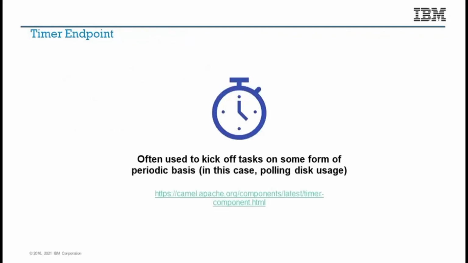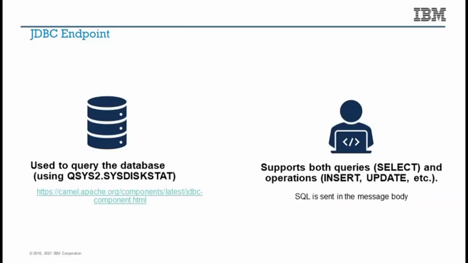So if I'm building a Camel route to do this sort of thing, well, I'm checking on a periodic basis. So there's actually an endpoint that's built just for kicking off this route every however often I want it kicked off. That's just called the timer endpoint. Very common way to start routes.